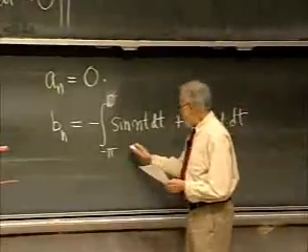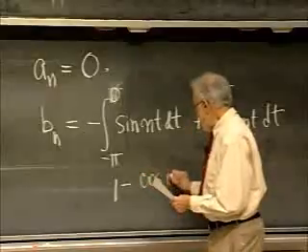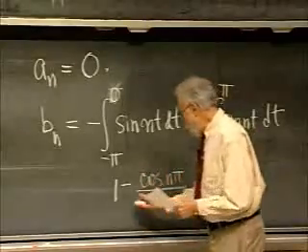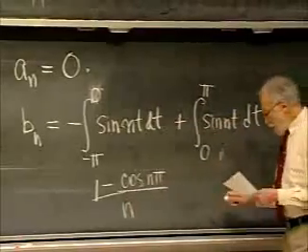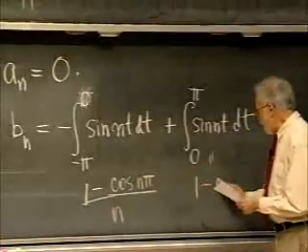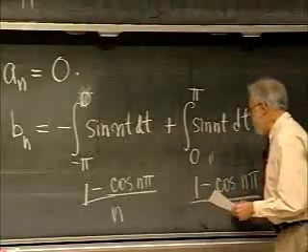Anyway, after you calculate it, this will be 1 minus cosine n pi over n, and this part will turn out to be 1 minus cosine n pi over n also.